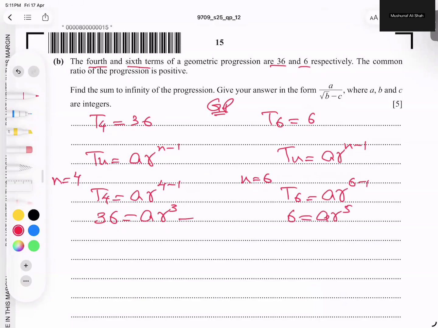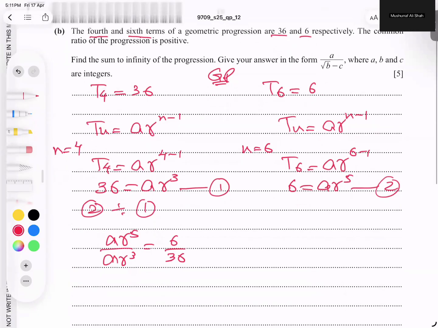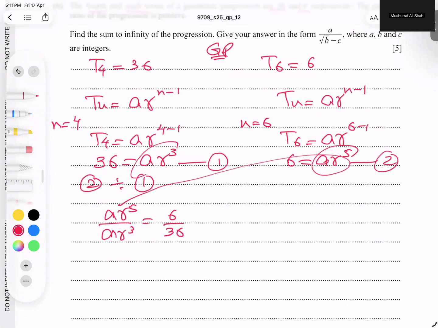Now students, equation 1 and equation 2. If I divide the second equation by the first equation, what will I get? a r to the power 5 up, a r to the power 3 down, 6 up and 36 down. Repeat, keep this up and this down. The a's cancel out and 5 minus 3 is subtracted. I got r square equals 1 by 6.